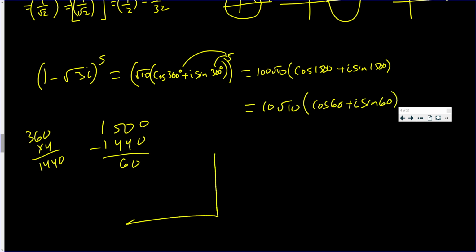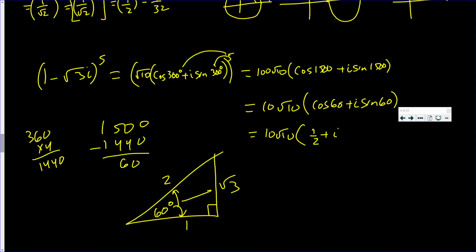And now we draw a 60-degree right angle triangle. This is a 1, 2, square root of 3. So I get 10 square root of 10. The cosine of 60 is 1 over 2 plus I times the square root of 3 over 2.